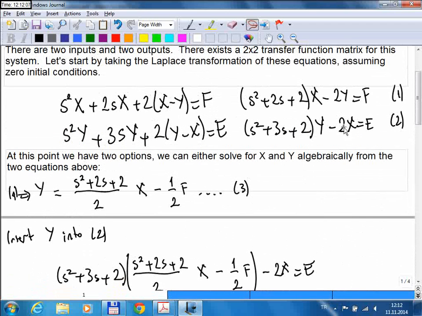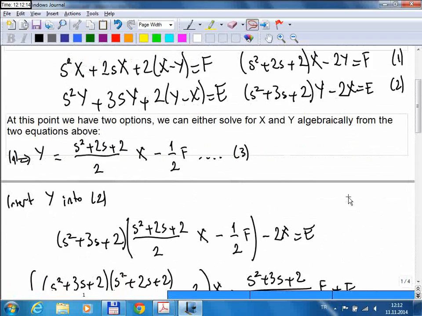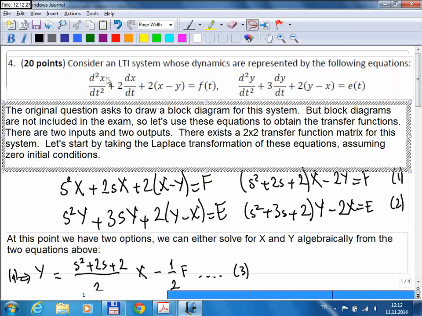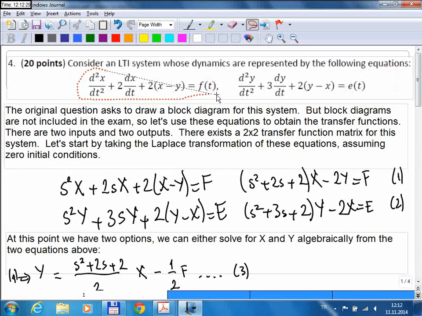So, for example, one way to make this problem more complicated is to give initial conditions. I can ask you to simulate the system under certain inputs, with the system started from initial conditions. Obviously, in that case, while taking the Laplace transformations here, you need to put the initial conditions into the corresponding places.